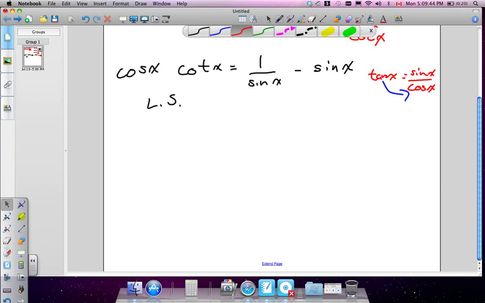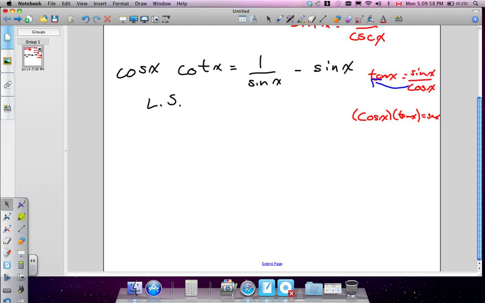So the next step will look like this: cos x times tangent x equals sine x. Does that make sense? What I did is I brought this cos x over to this side, because this is divided by, so in order to move it, I have to turn it into a multiplication. So I have cos x times tan x. And when I multiply this side by cos x, the top one and the bottom one cancel out.